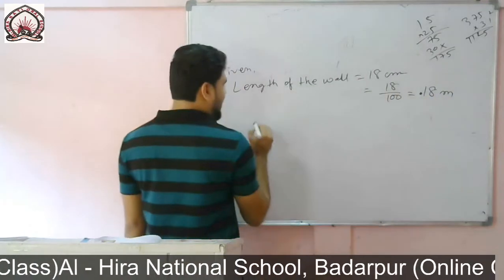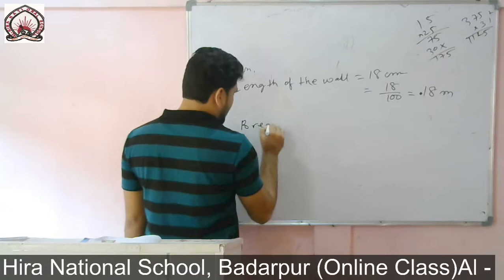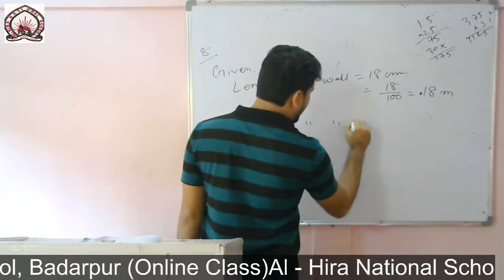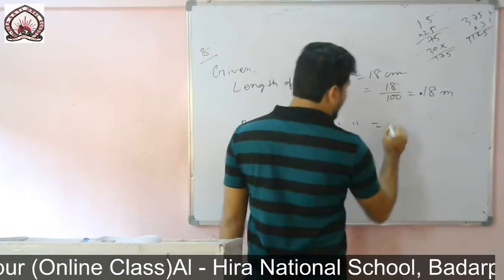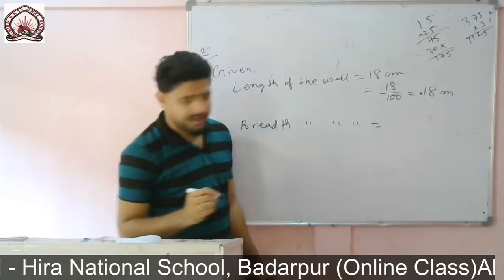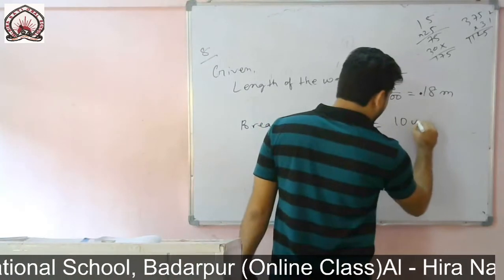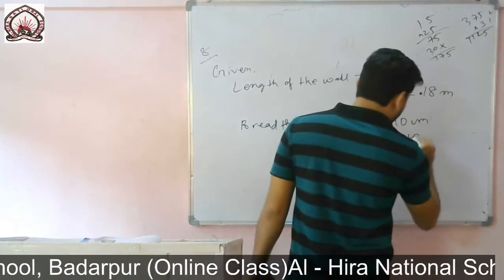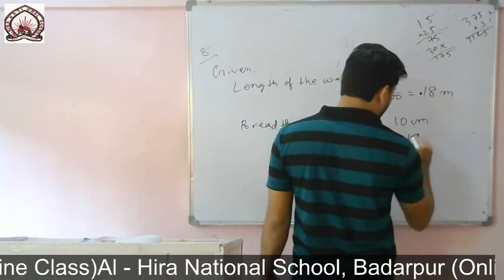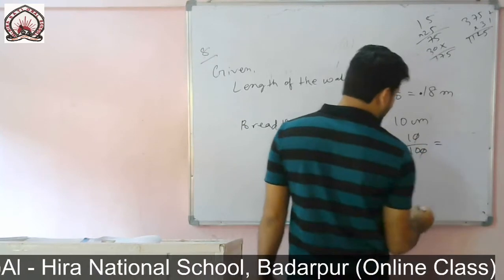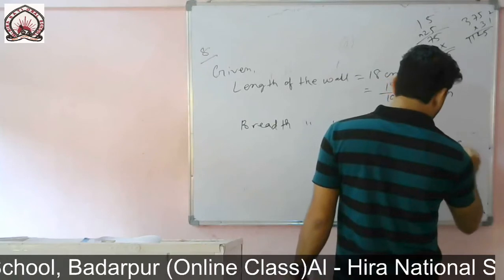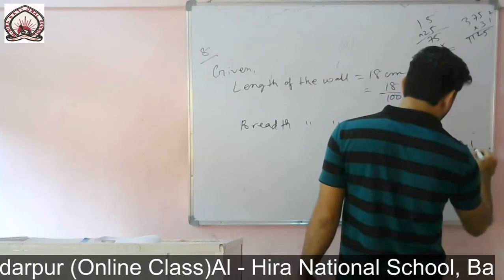Okay, and breadth of the brick will be what? It is given 10 centimeter. So 10 by 100, if you cancel, then 1 by 10. 1 by 10 I can write 0.1 meter.